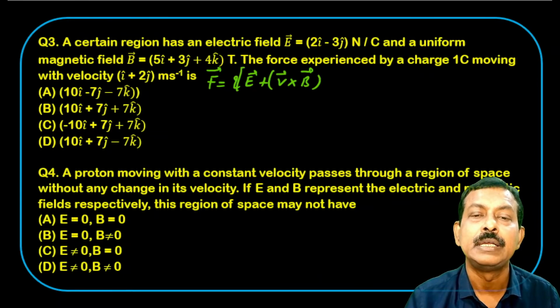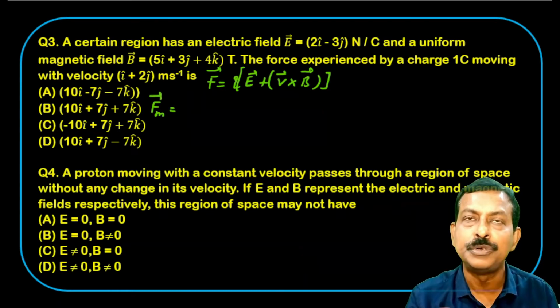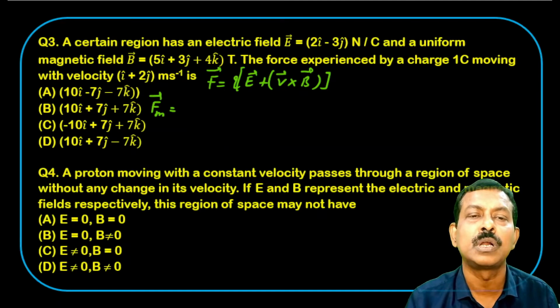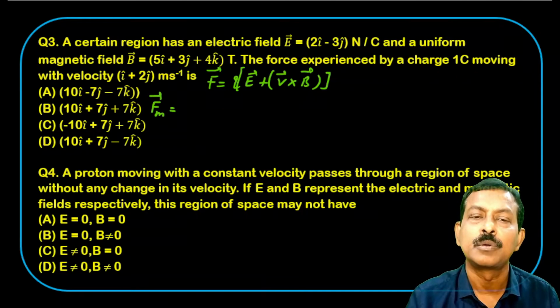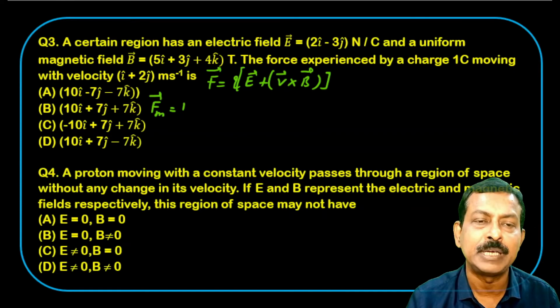Now, the force due to the magnetic field is given as F equals QV cross B. Q is 1 coulomb, so it is 1, and for V cross B, we can take a cross product and find its value by expanding the determinant.